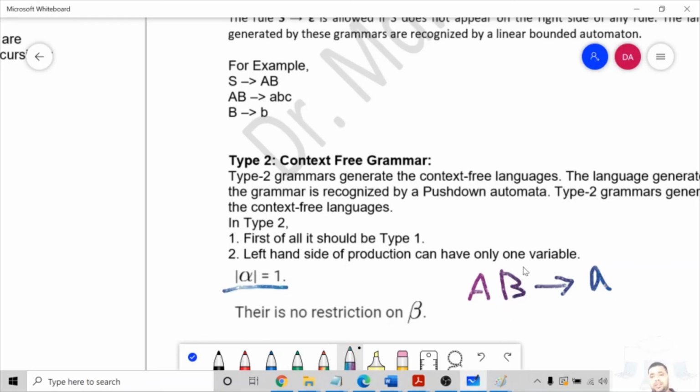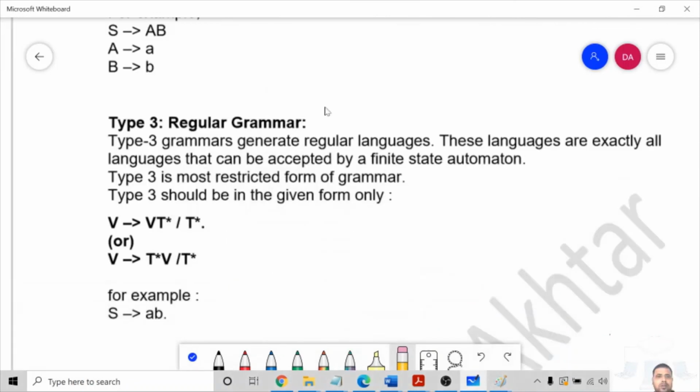We can have a maximum of one non-terminal on the left hand side, but we don't have any restriction on beta.